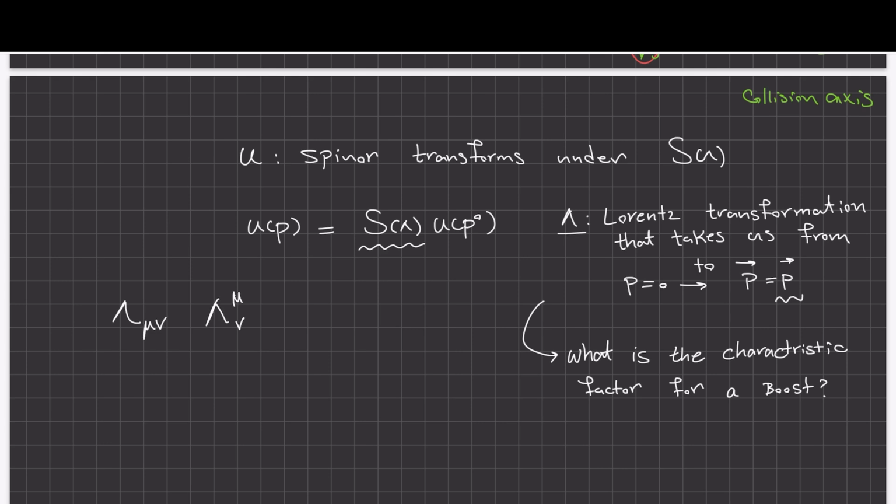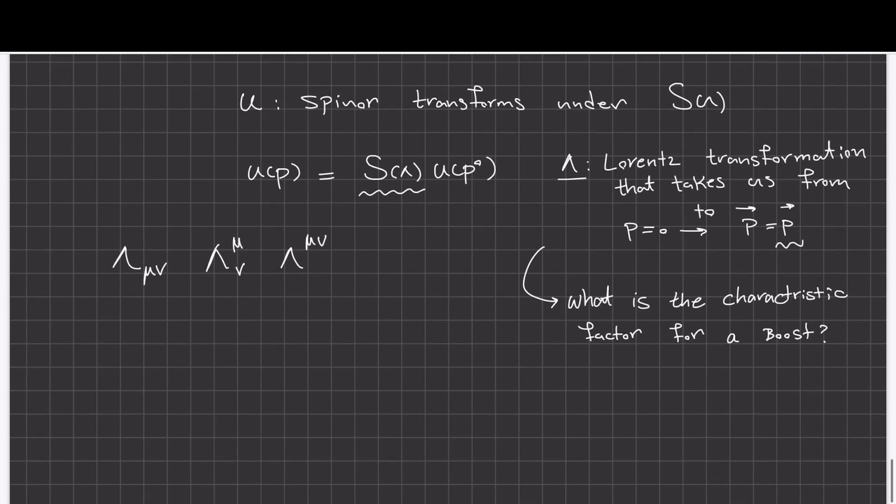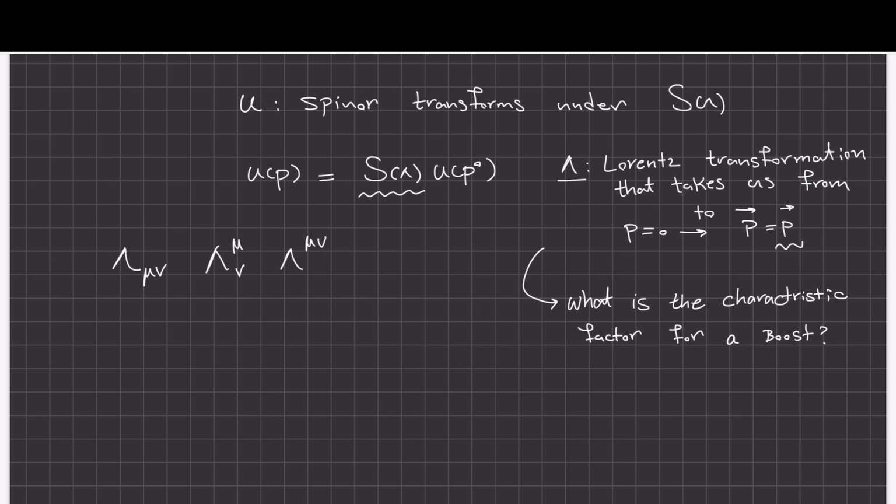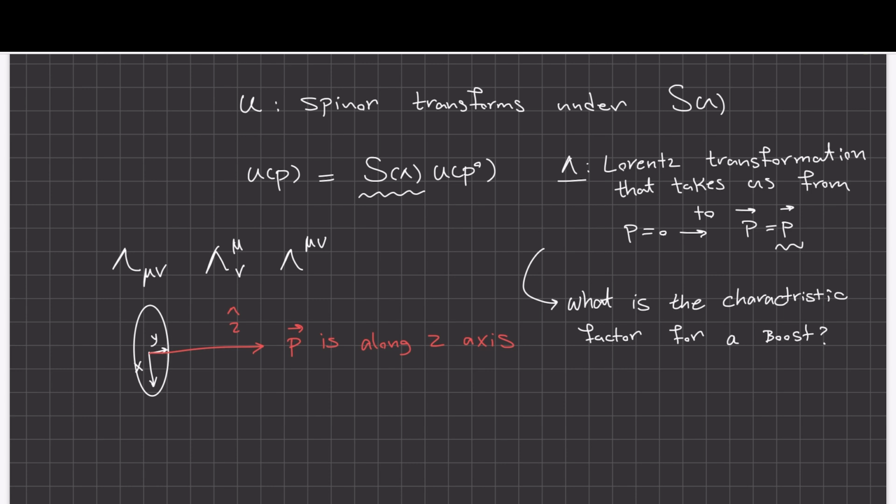In general, any boost has a characteristic speed, and we're going to show that this characteristic speed is called rapidity, because rapidity is a relativistically invariant speed. Rapidity is the additive variable when you have two boosts along the same axis.